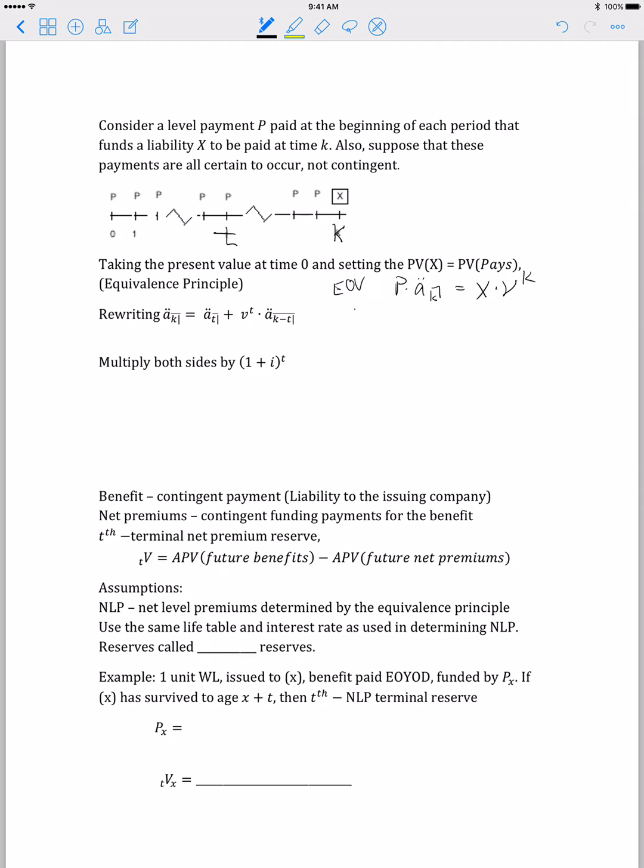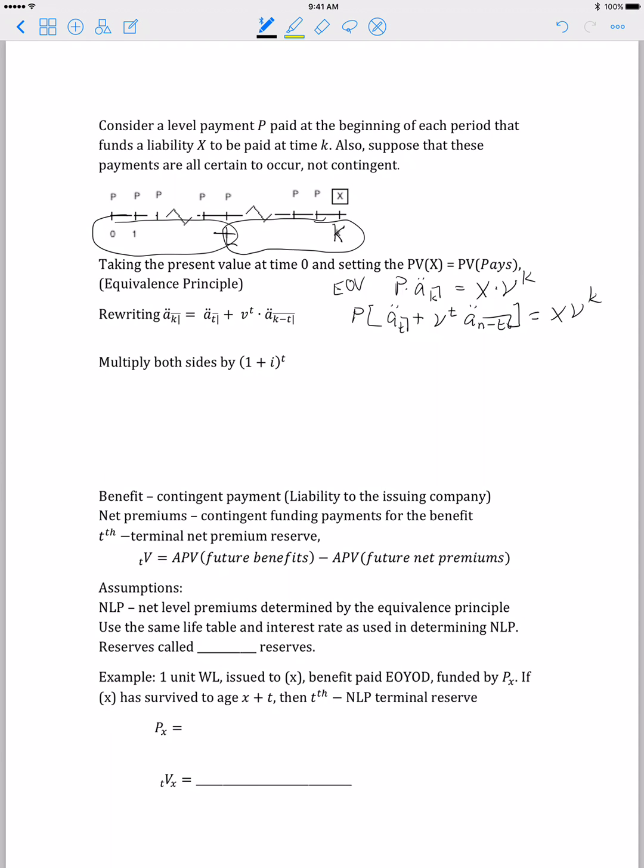Now, if we rewrite this annuity due as an annuity due from time 0 to t, then we have to add to that a deferred annuity for this period of time. And so that's going to be deferred t years, and there's n minus t payments left in that second period of time. So we're just rewriting the left-hand side, and the right-hand side will keep the same.